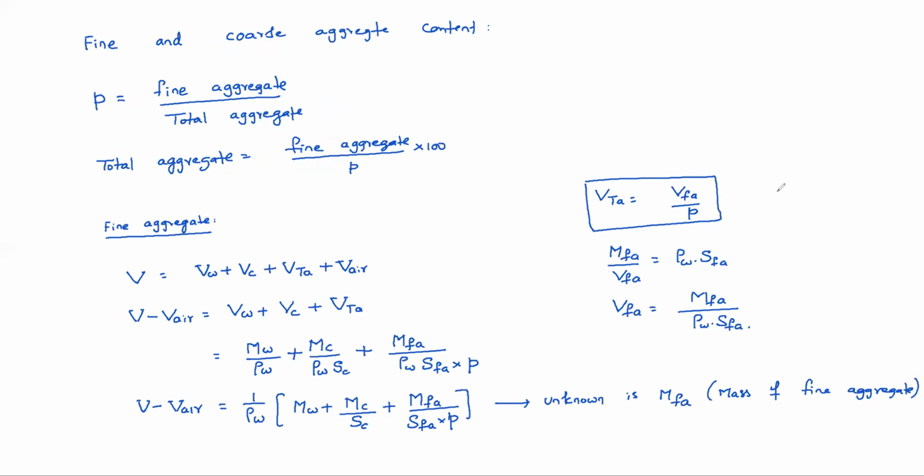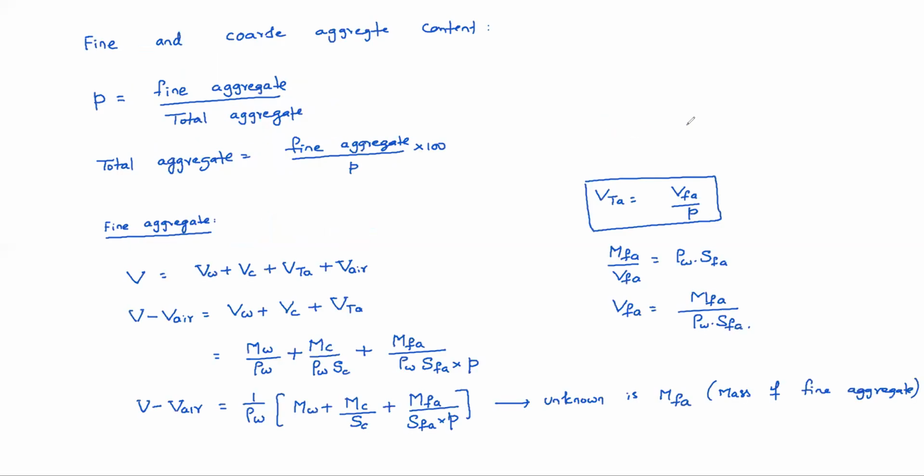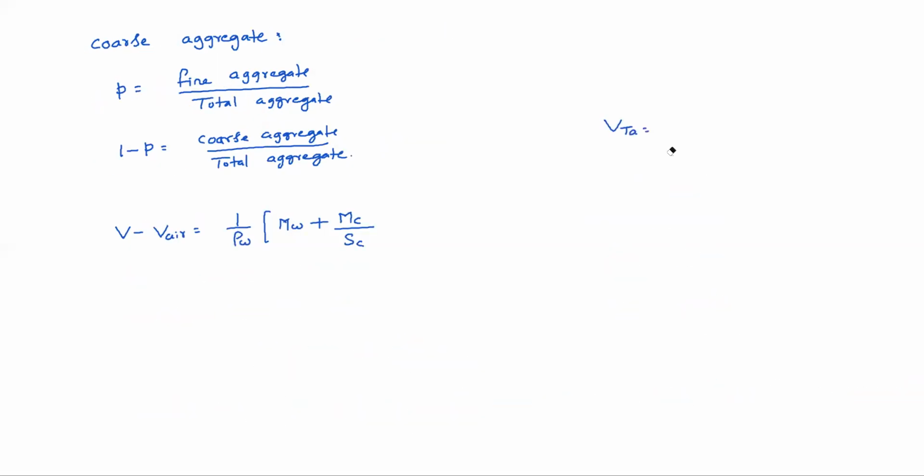Volume of total aggregate equal to volume of fine aggregate divided by P. Same thing you can write in another way also: volume of coarse aggregate divided by 1 minus P. You can write like this, right?